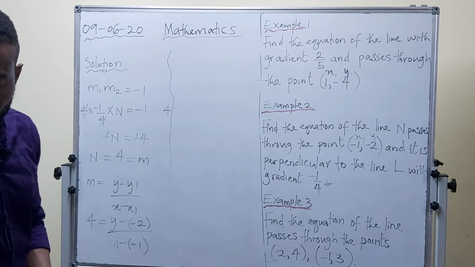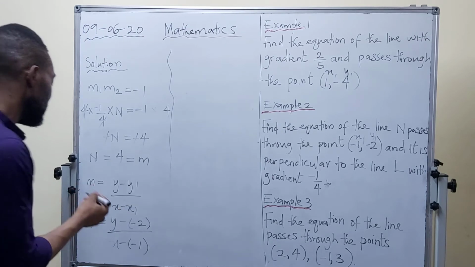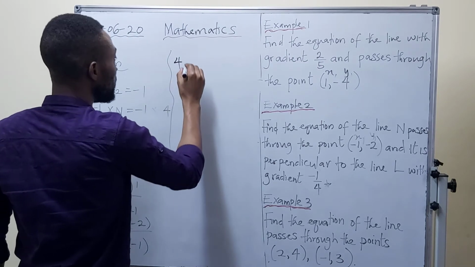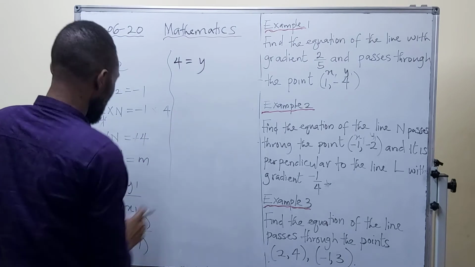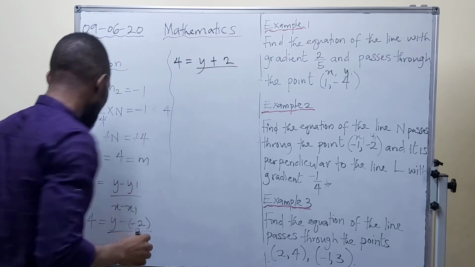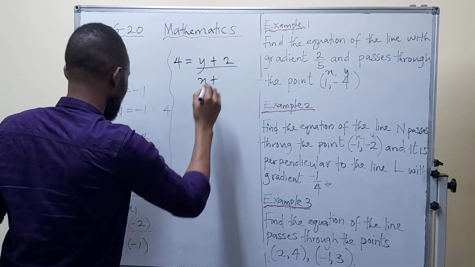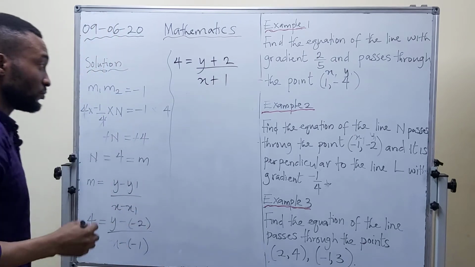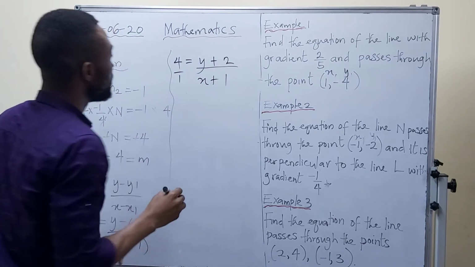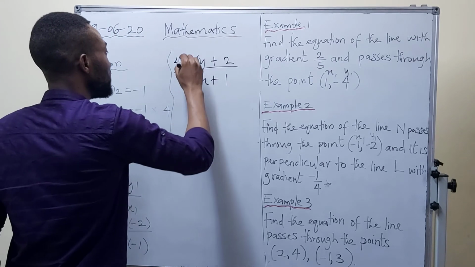I have 4 is equal to y minus times minus gives me plus 2, over x minus times minus gives me plus, that is x plus 1. So I can easily cross multiply. I can say this one over 1 is the same thing as 4 divided by 1, which is 4. So I can do cross multiplication here.